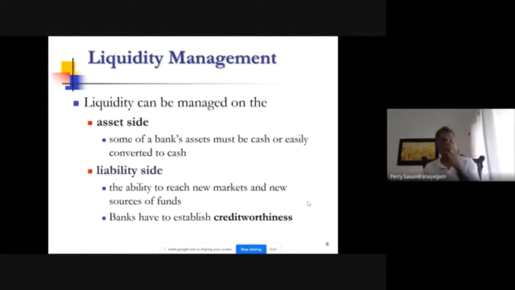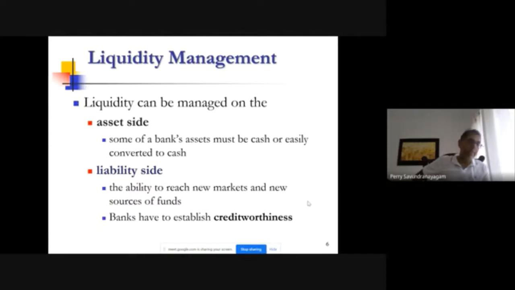So we already discussed liquidity management, but just to touch on it again, we can manage liquidity from the asset side, basically the loans the bank gives out and the assets the bank creates, or we can manage on the liability side, which is basically the deposits and the liabilities it generates. If we look at one side at a time, when you manage from the asset side, what can a bank do to make sure it's considering liquidity?